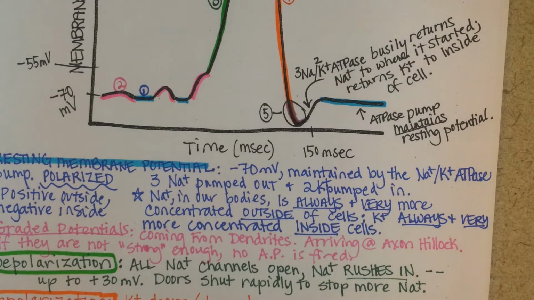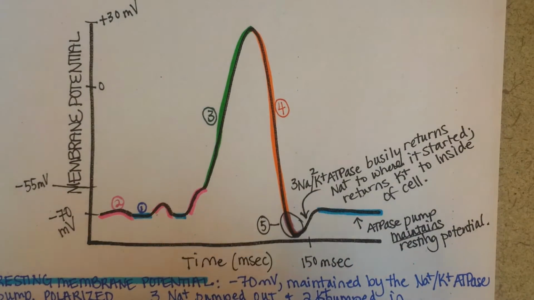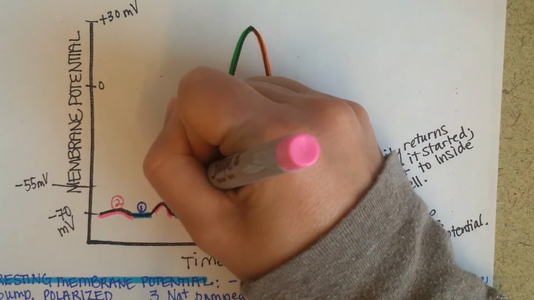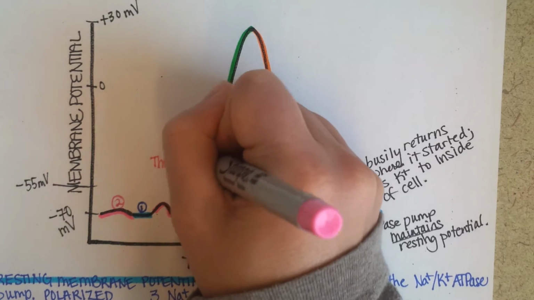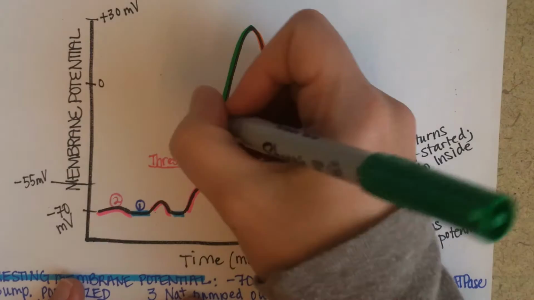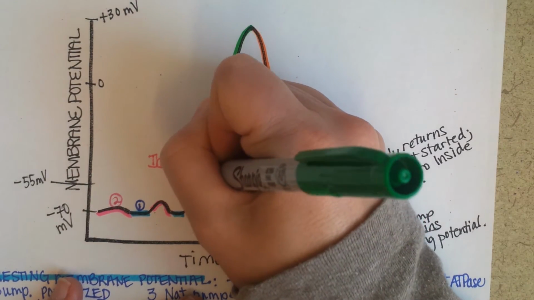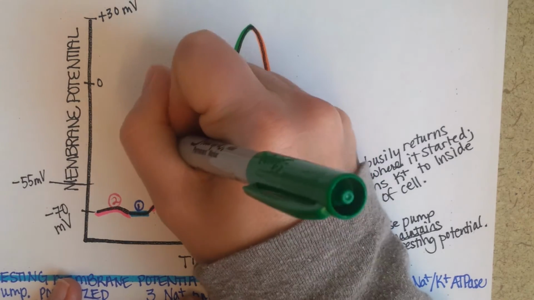Okay, now we'll look at this action potential and just put a few more things on there. So with a pink pen, you could mark right here that this is threshold, and at that point, then with your green pen, at that point, all the sodium channels open.